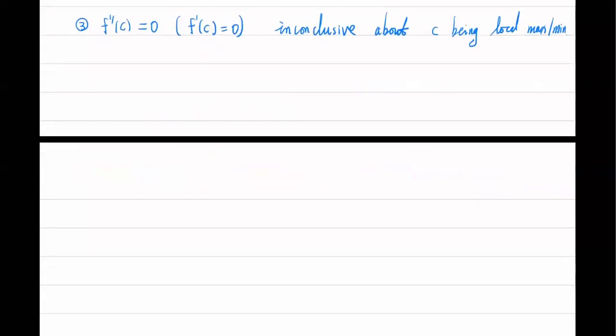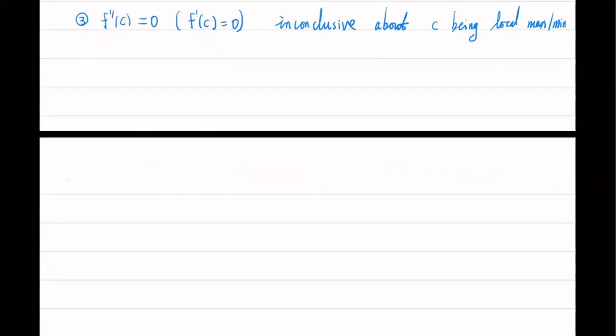So the next section we introduce L'Hopital's rule. In some books they have this spelling, the spelling some may use.